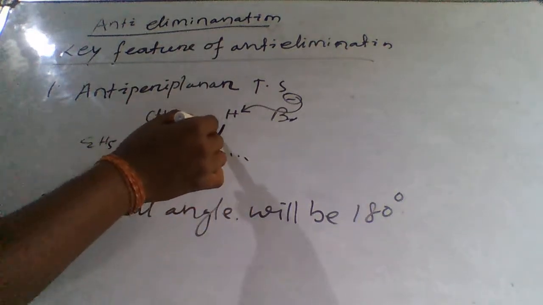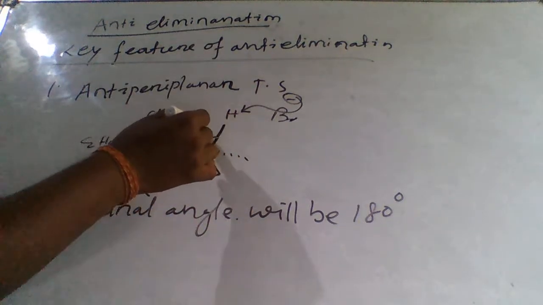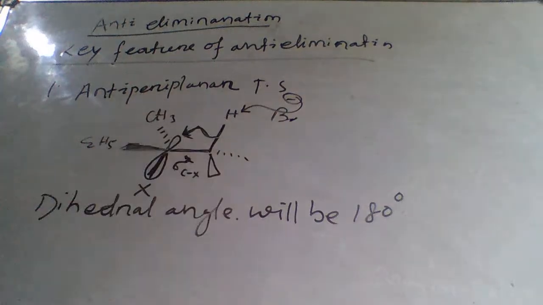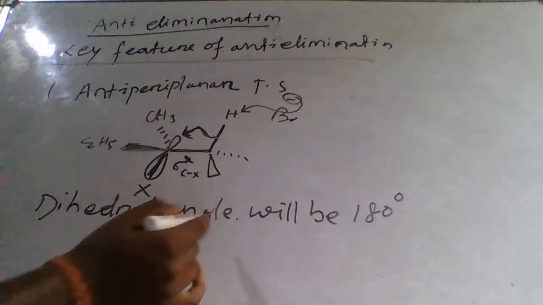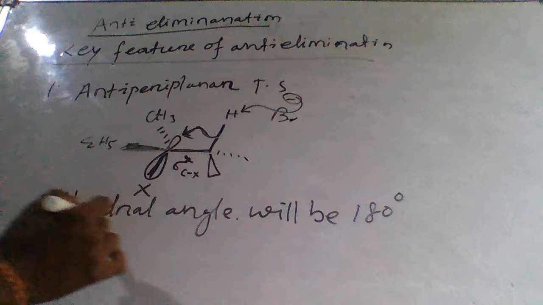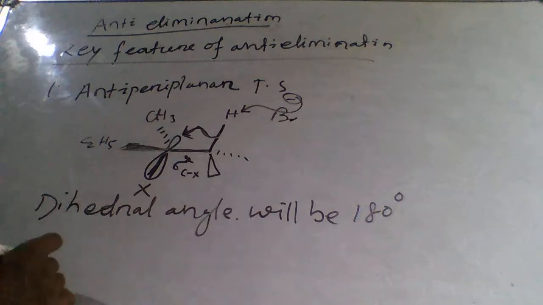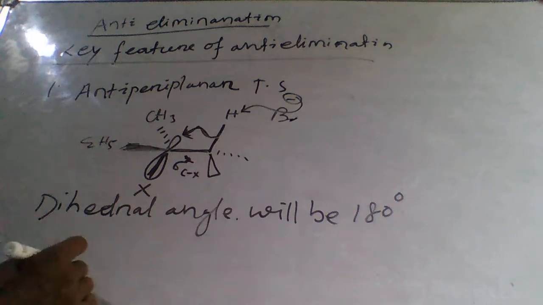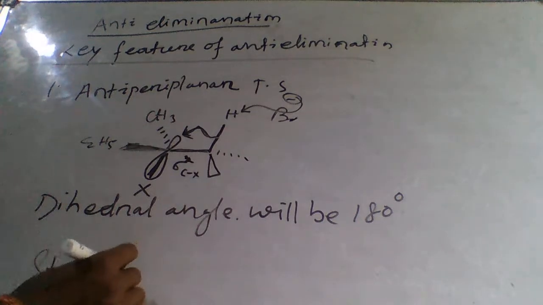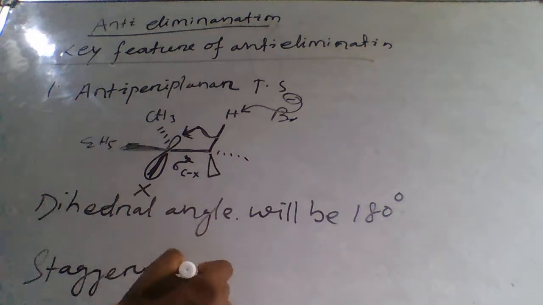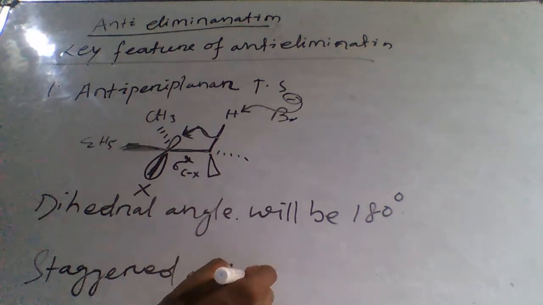That's why this is anti-elimination, and the dihedral angle will be 180 degrees, and it will be staggered conformation.